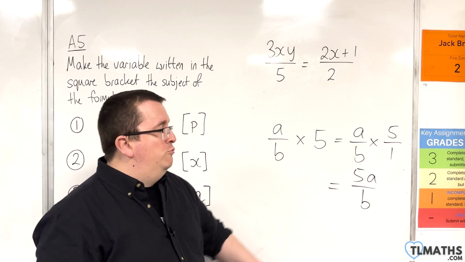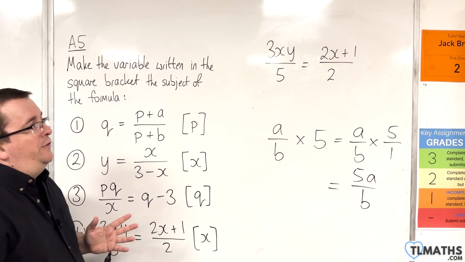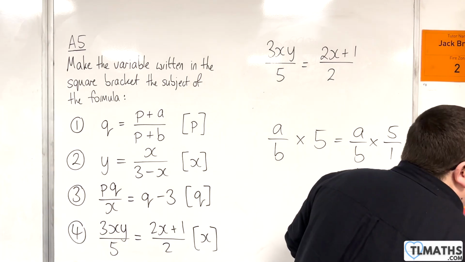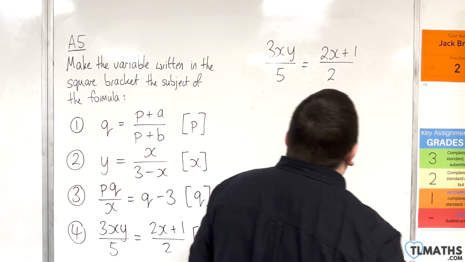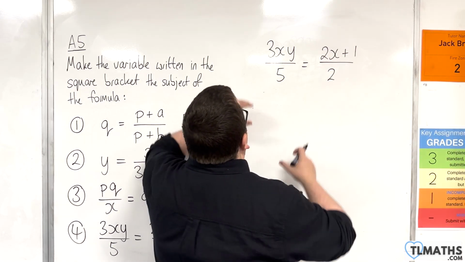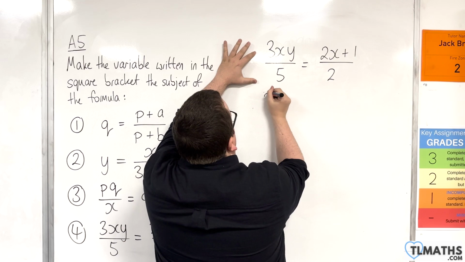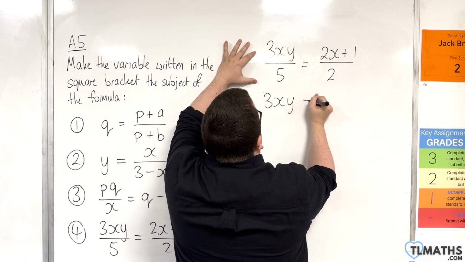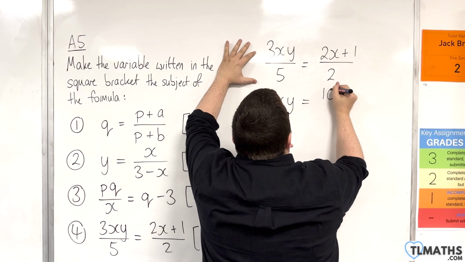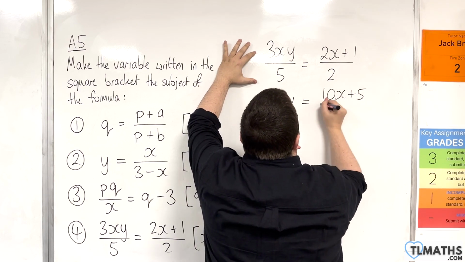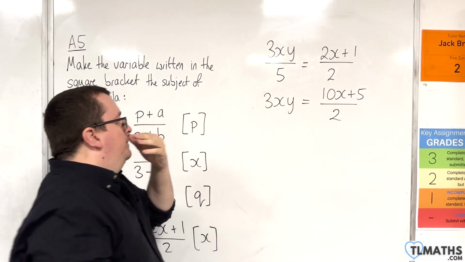I multiply the numerator by 5, the denominator stays the same. And I'm going to do precisely the same here. So multiplying both sides by 5, I'm going to get 3xy is equal to 5 lots of the numerator. So that'd be 10x plus 5, and that's over 2.